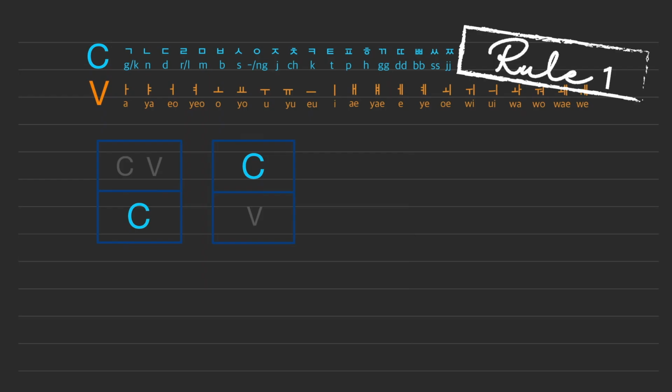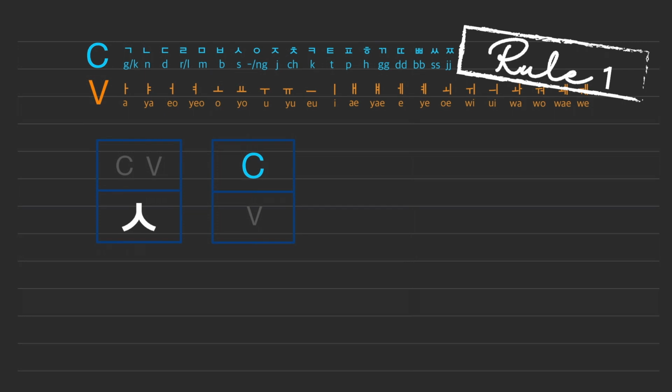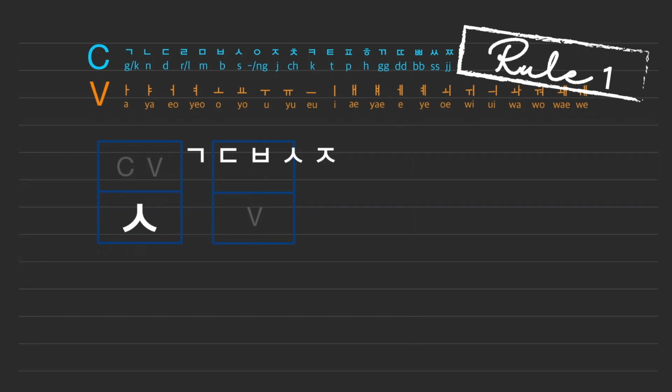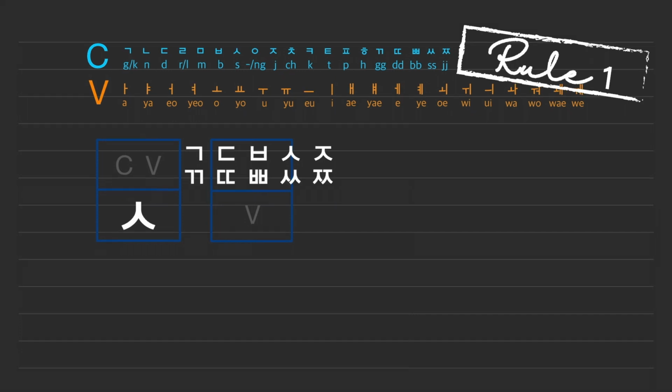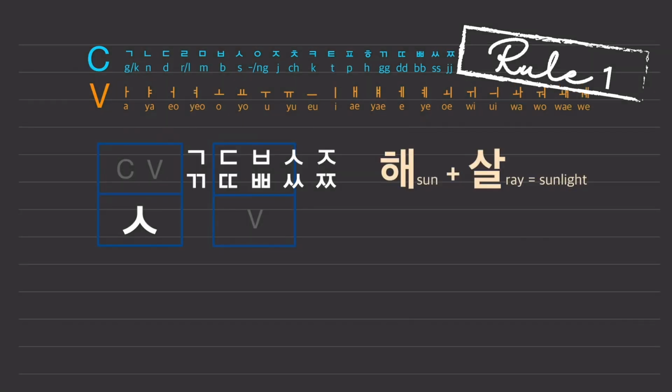First of all, if there is a 사이시옷 and the following letters start with consonants g, d, b, s, j, the sound becomes tensed. When we make a word sunlight, two words are combined together, 해 and 살, and 사이시옷 is added, so it becomes 햇살.